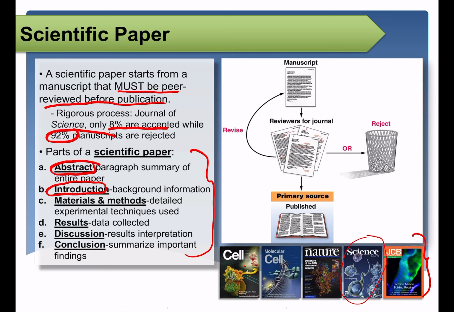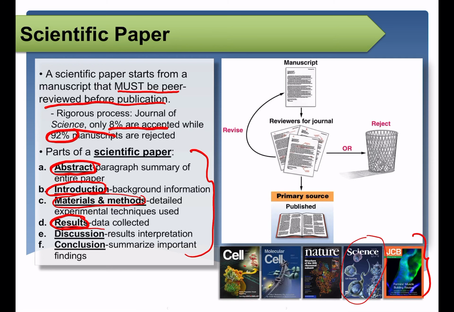The next section is the materials and methods, which should be the detailed experimental techniques that were used. For example, if you use a particular organism to study your research or your lab, or you use a certain instrument to look at certain organisms or cells, those are things you include in your materials and methods.